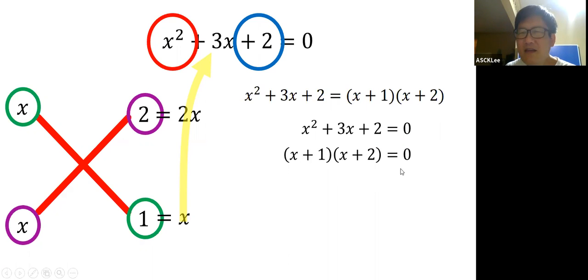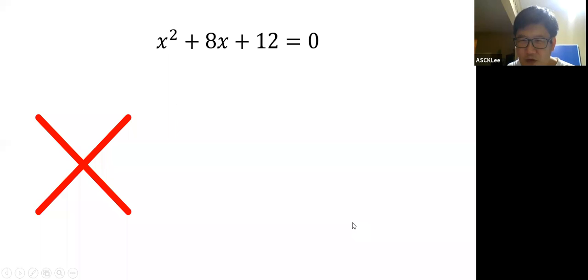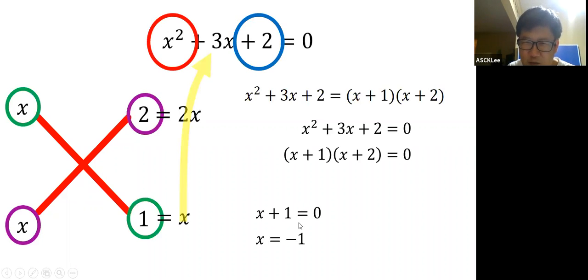Now, keep in mind the zero product property, or zero product rule. If this factor times this factor equals 0, then one of them must be equal to 0, or both of them must be equal to 0. So what you do finally is x plus 1 equals 0, so x equals minus 1.